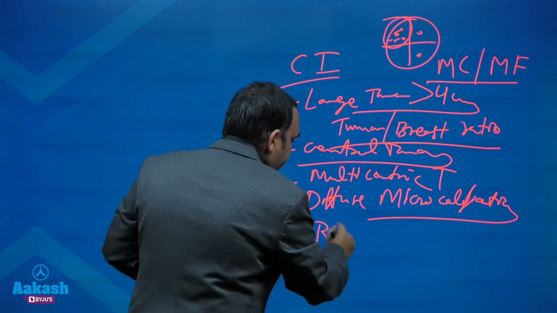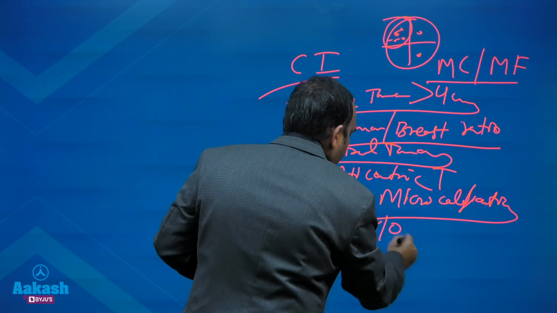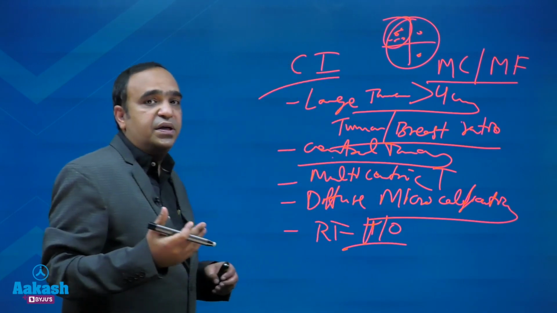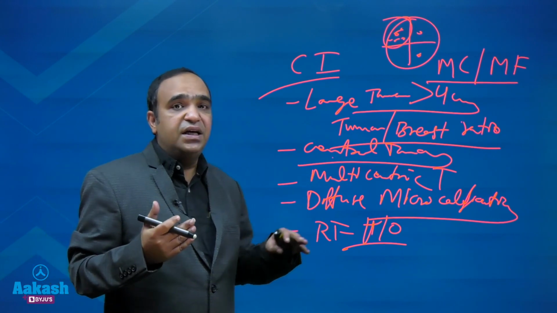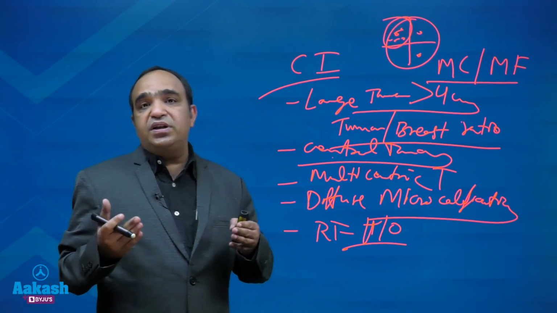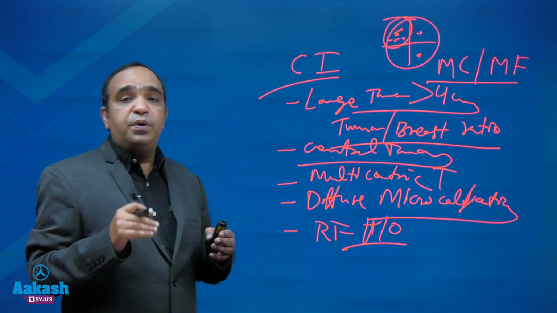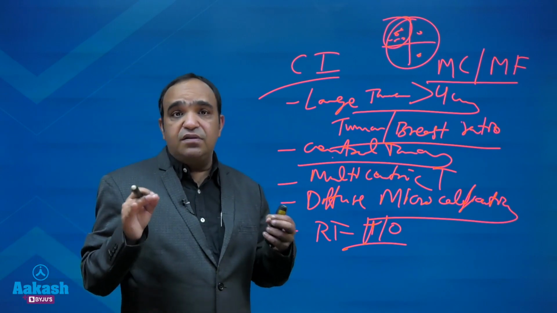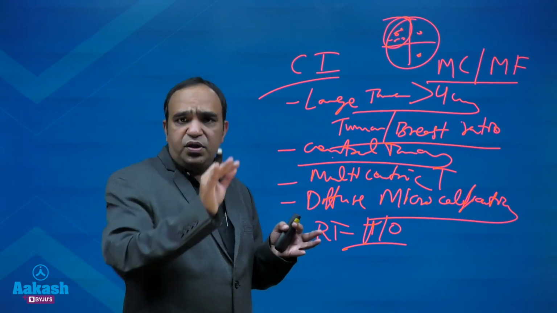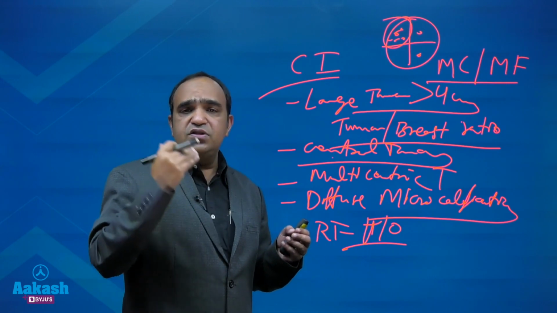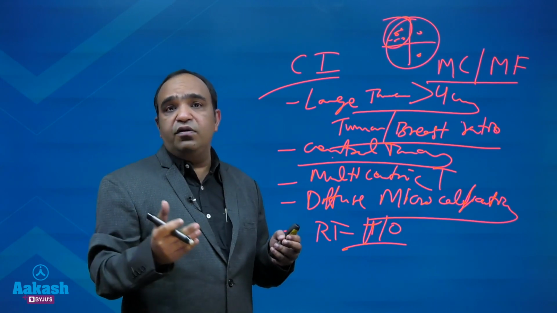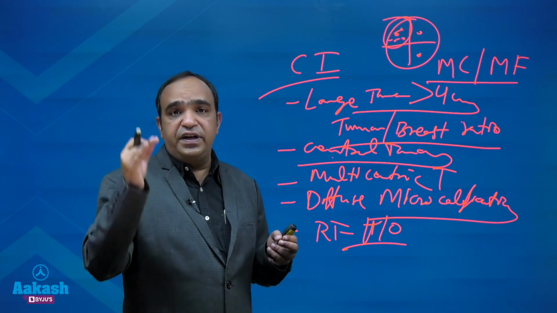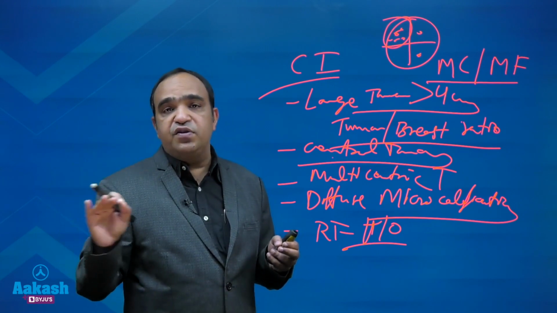Then radiotherapy, previous history of chest wall radiotherapy. This is not directly related to surgery but indirectly, because after BCS radiotherapy is mandatory. Why? Because we are doing a local resection, we are not removing the breast, we are just removing the lump. So chances of recurrence will be higher, and to curb that risk of recurrence, we have to give radiotherapy after all forms of BCS.